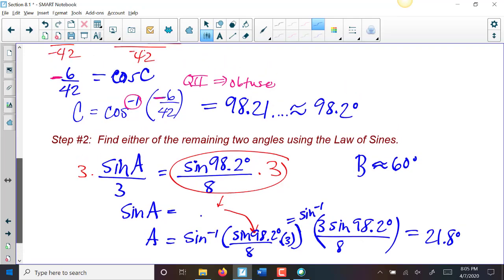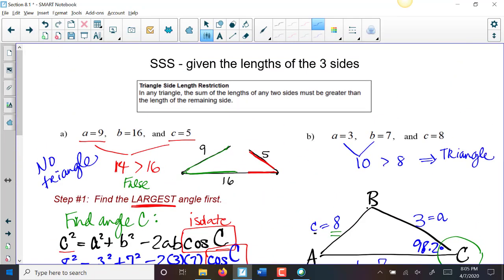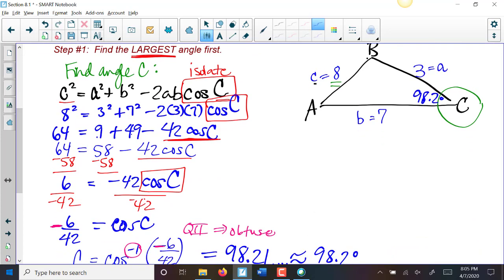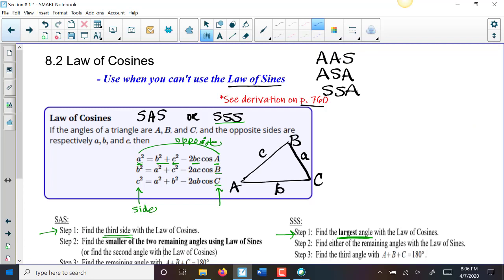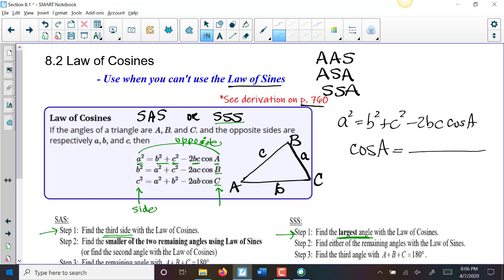One last thing. If you would prefer, instead of going through these steps to isolate the cosine of the angle you're trying to find, you can always rearrange the original formula. For example, if I have a squared is b squared plus c squared minus 2bc times the cosine of A, if you do some rearranging, you can get the cosine of A isolated.